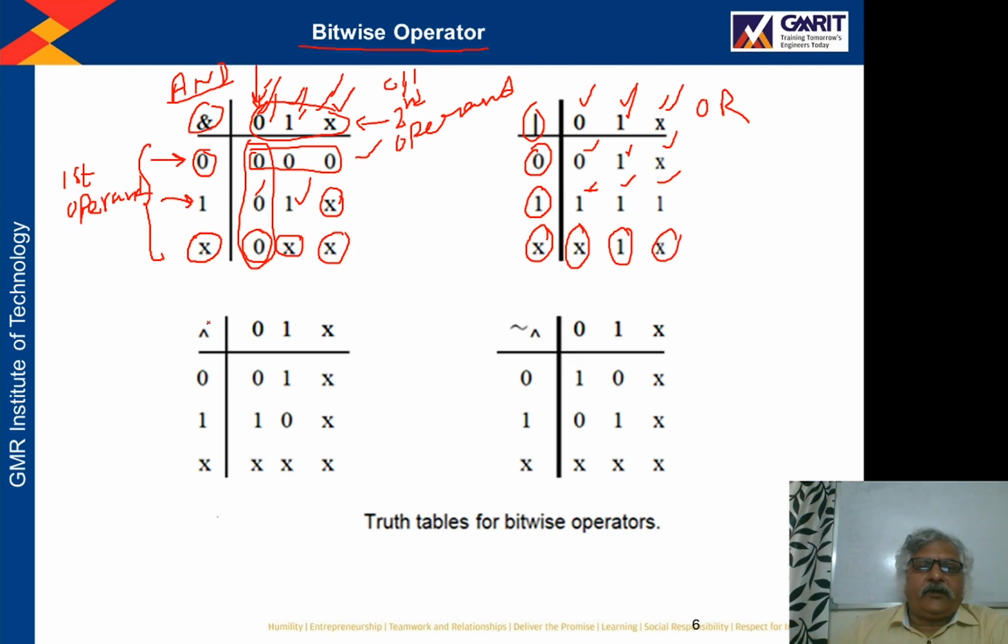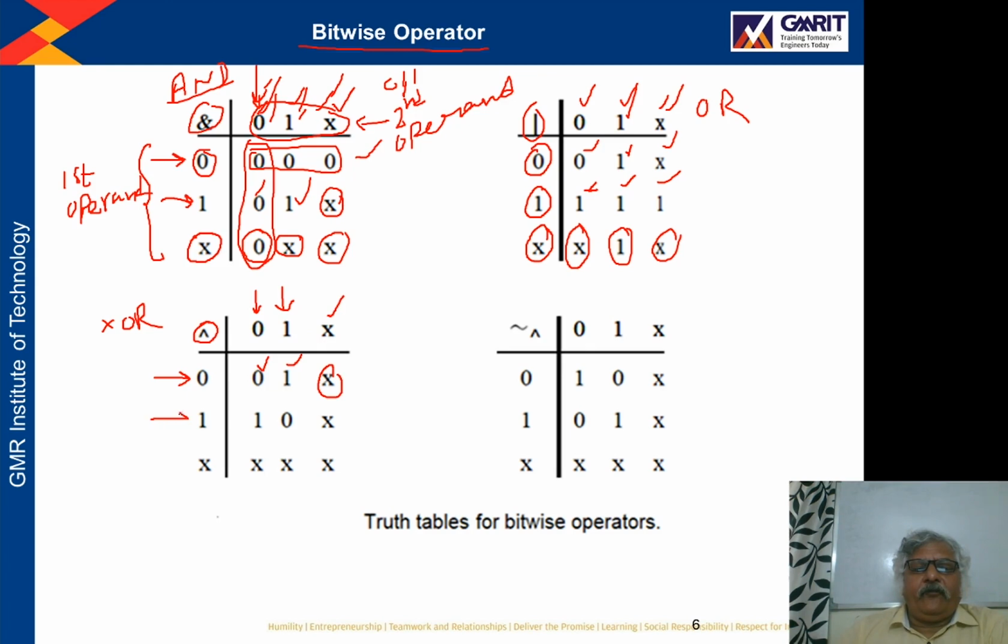Now this is for XOR. In XOR, you see the first operand is 0 and the second operand is 0, we will get 0. First operand 0, second operand 1, we will get 1. First operand 0, second operand don't care, in this case you will get don't care, right?